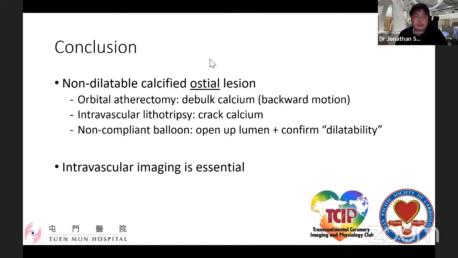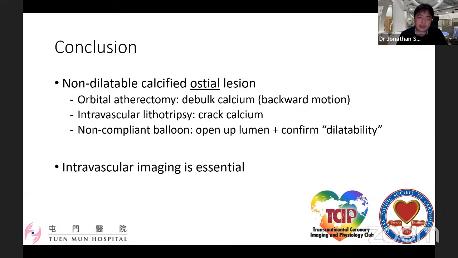So in conclusion, here we have a balloon-undilatable calcified ostial lesion. Our strategy here is to first use orbital atherectomy to debulk the calcium, especially given the ostial position of the lesion, as orbital atherectomy allows us to debulk the calcium with a backward motion of the atherectomy device.